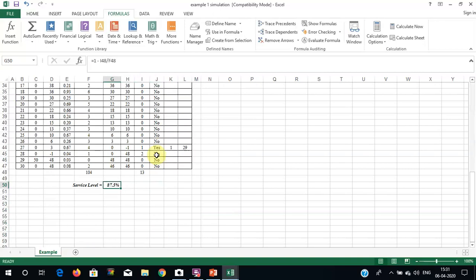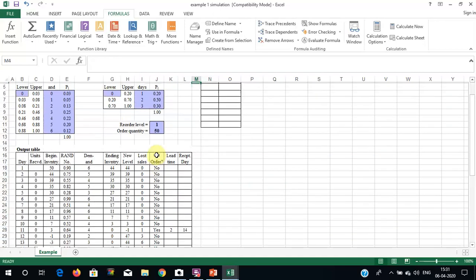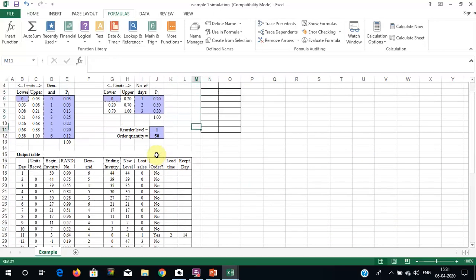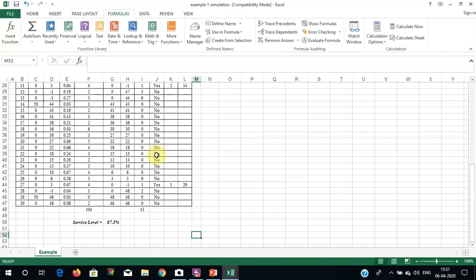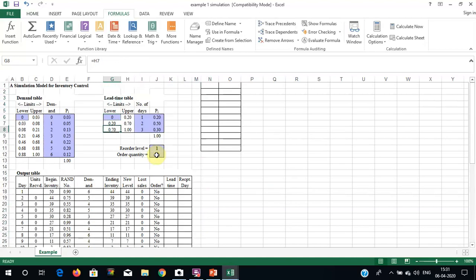Our service level has reduced to 87.5%, and in a normal small business like this, with such small demand, we are looking at an inventory policy of 100% service level, so that whoever comes, we should have inventory to supply or meet the order from the customer.